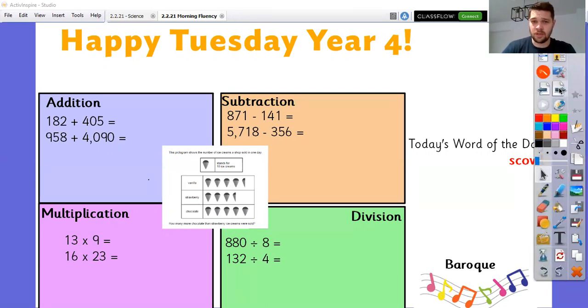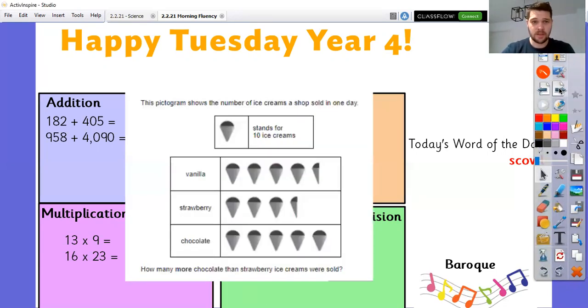I'm just going to enlarge our reasoning question here. This pictogram shows the number of ice creams a shop sold in one day. One picture of an ice cream stands for 10 ice creams. Think carefully about what half a picture of an ice cream would stand for. The question says, how many more chocolate than strawberry ice creams were sold?